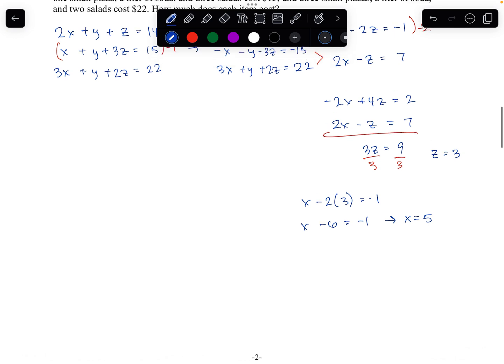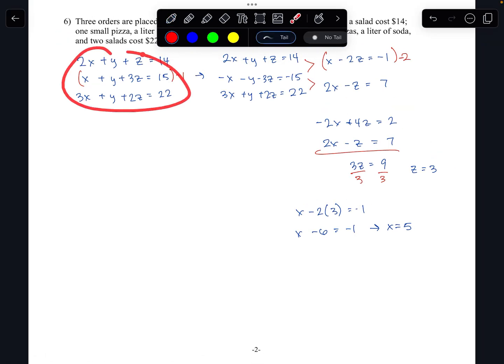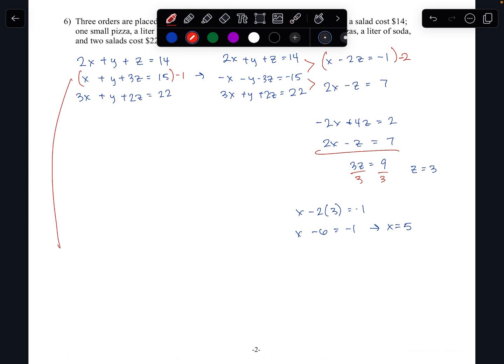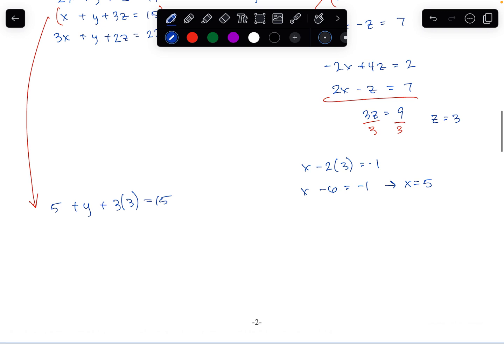And now that I have those, let's go back to one of my original equations and solve for y. It doesn't matter which one. Let's just take the middle one that we had. So if I take the middle one, x was $5. We still don't know the cost of soda, plus 3 salads, and salads cost $3 each, for a total of $15.